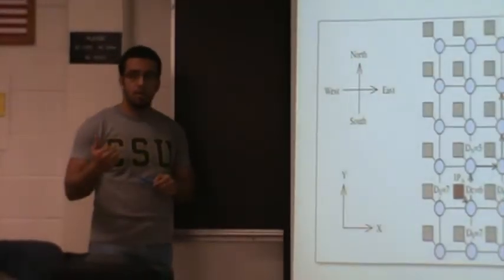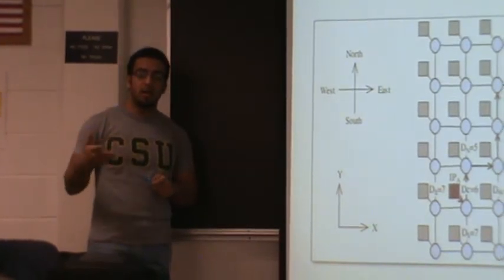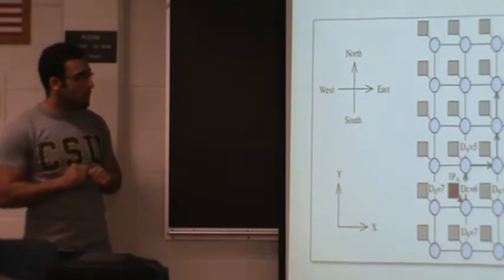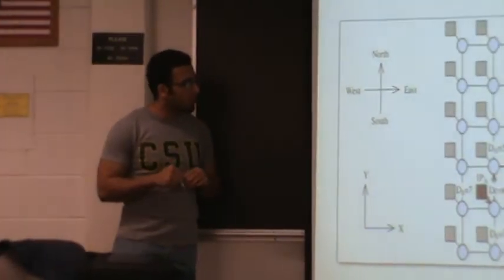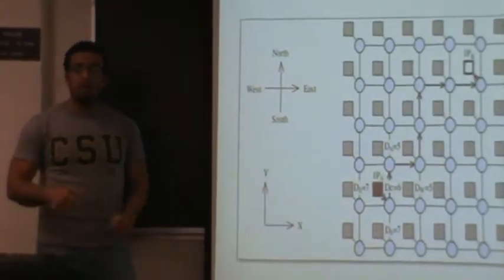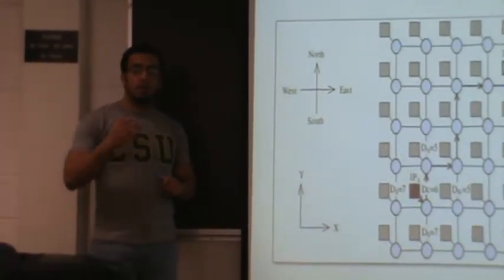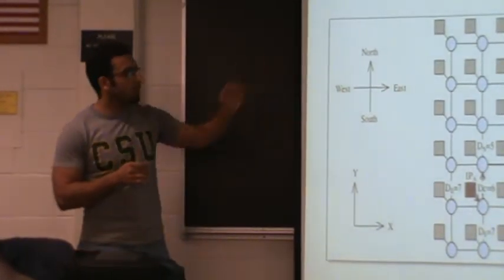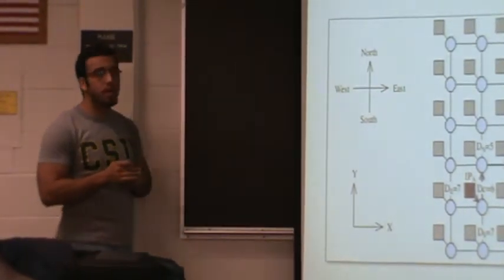The shortest distance is the one that has the highest probability, and the longer distance has the lower probability. What I mean by probability is that the channel with the highest probability is the one the packet will get forwarded through, as long as it's in the direction of the destination.